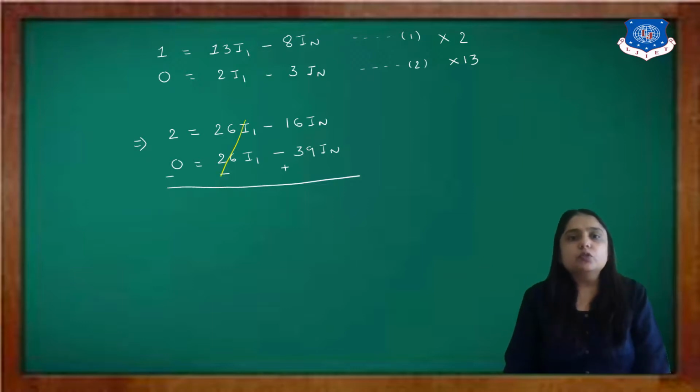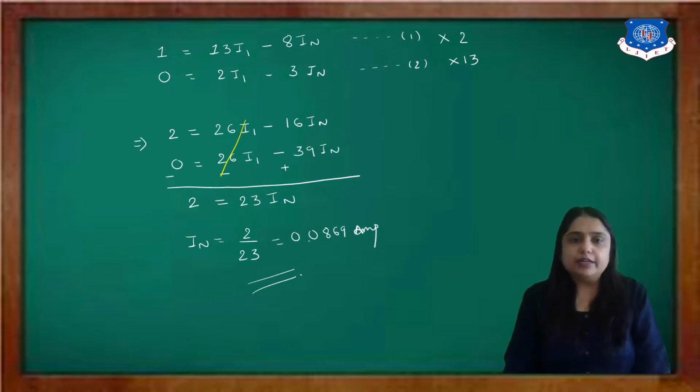That is 2 minus 0, that equals 2, equals 39 minus 16, so 23IN. Now the value of IN will become 2 divided by 23, that equals 0.0869 ampere. So this is the value of IN, that is the Norton's equivalent current.